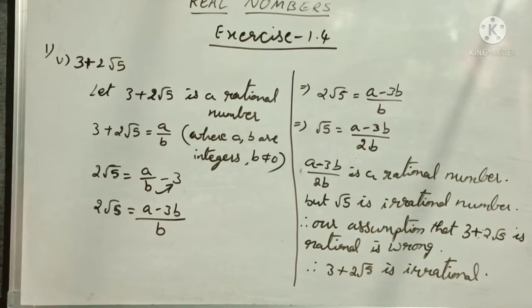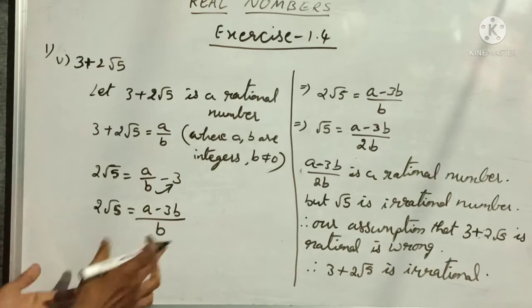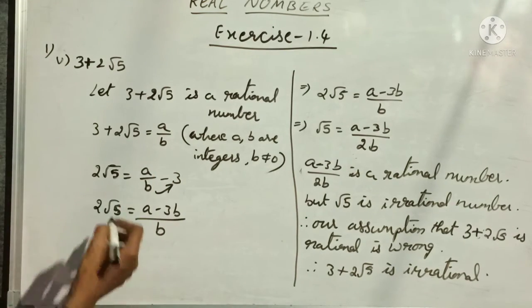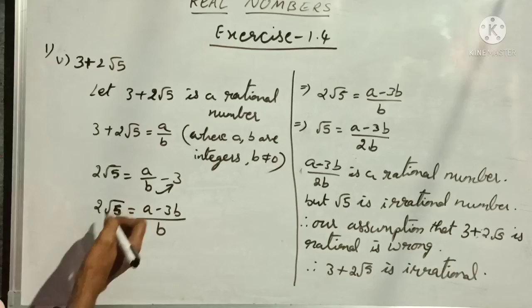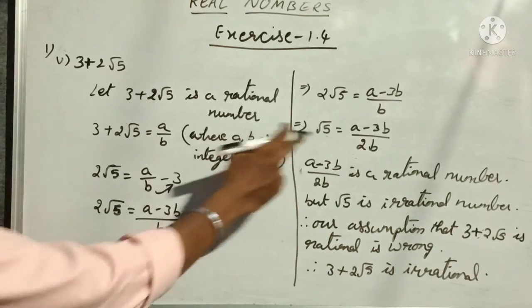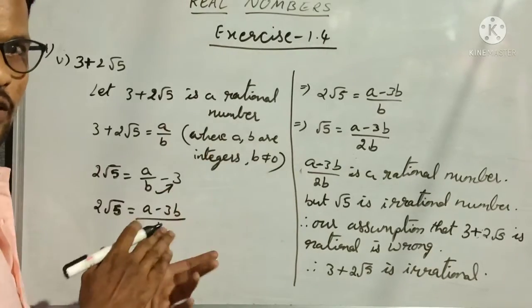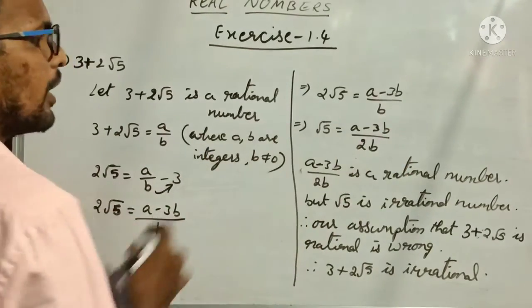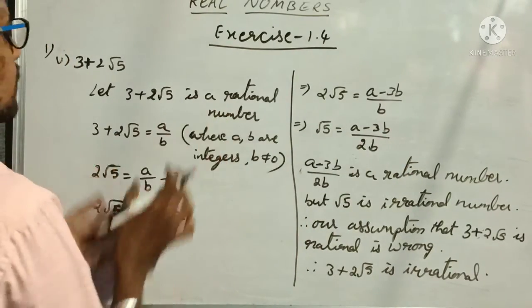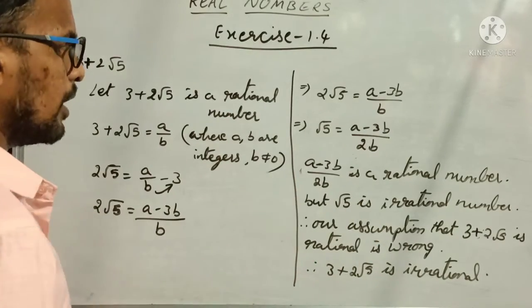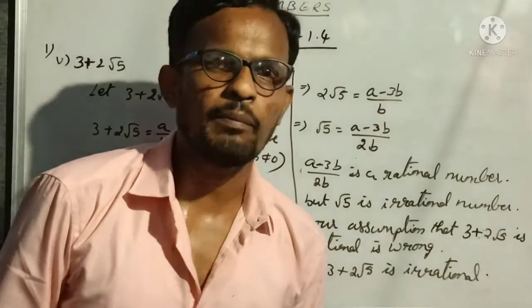Understood? Like this we have to do. In this, no need of squaring both sides. Why? Because anyhow here root 5 is there directly. Yes, so the root 5 value we are finding as a rational number, but we already know that root 5 is irrational. Rational cannot be equal to irrational. That's why our assumption is wrong. 3 plus 2 root 5 is an irrational number.